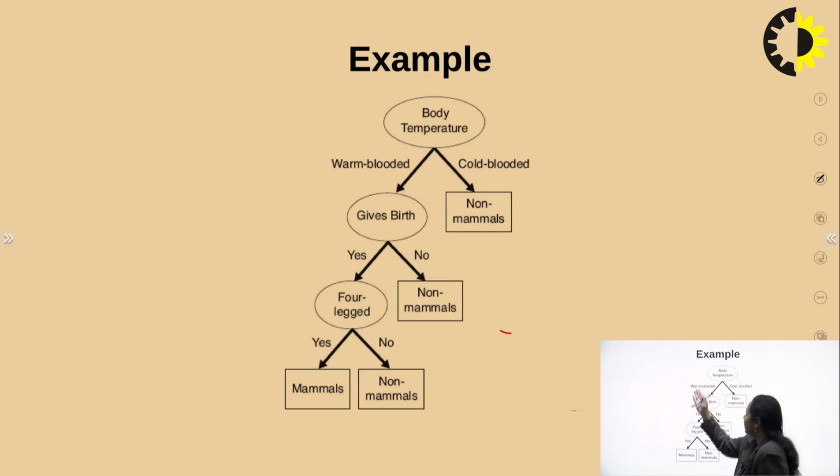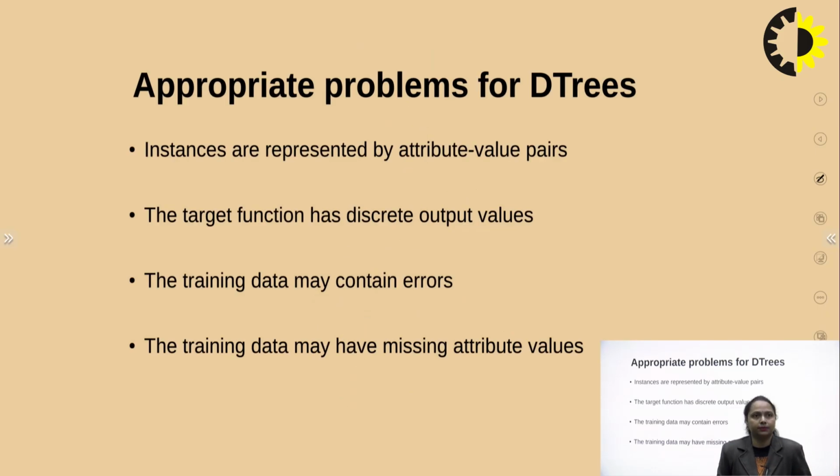But if a body is warm blooded, then again two conditions come: it can give birth, yes or no. If it can give birth and has 4 legs, it is a mammal, otherwise it is a non-mammal. All these edges are the options available, and all these leaf nodes are the decisions. In this way a decision tree works.